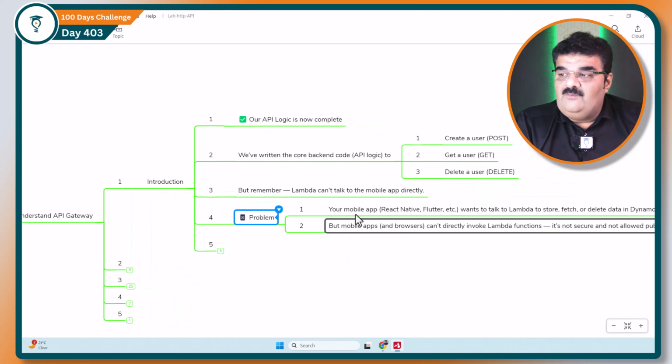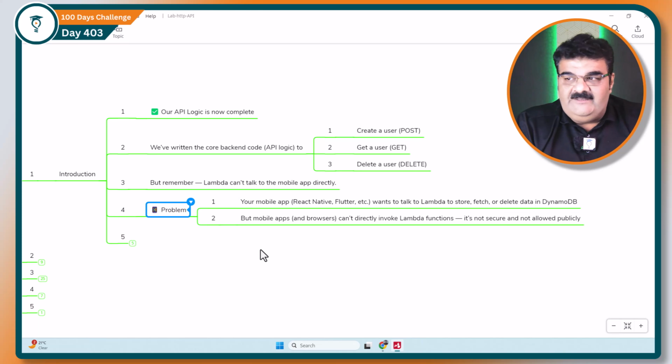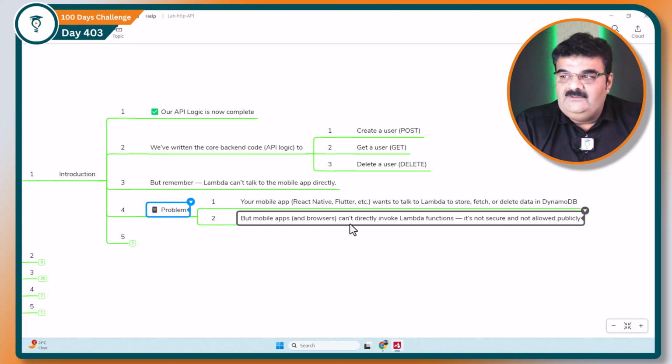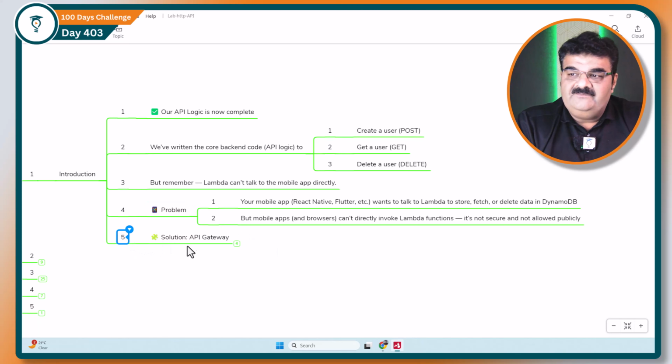Problem: your mobile app wants to talk to Lambda and store, fetch and delete data in the DynamoDB. But a mobile app can't directly invoke Lambda functions. It's not secure, it's not allowed publicly. If you have a Lambda function, you cannot trigger it directly from the internet or from outside of your AWS.